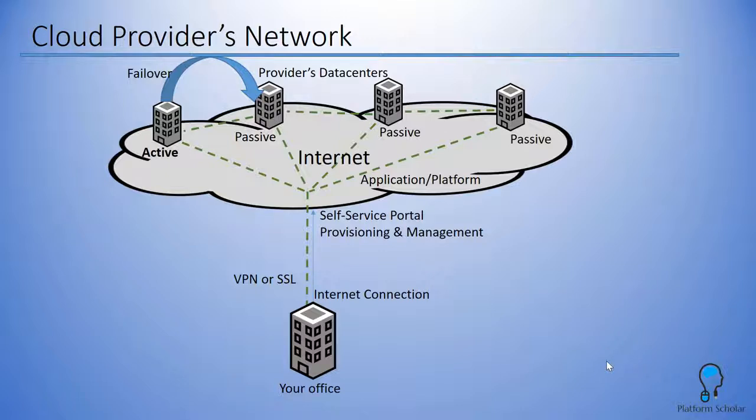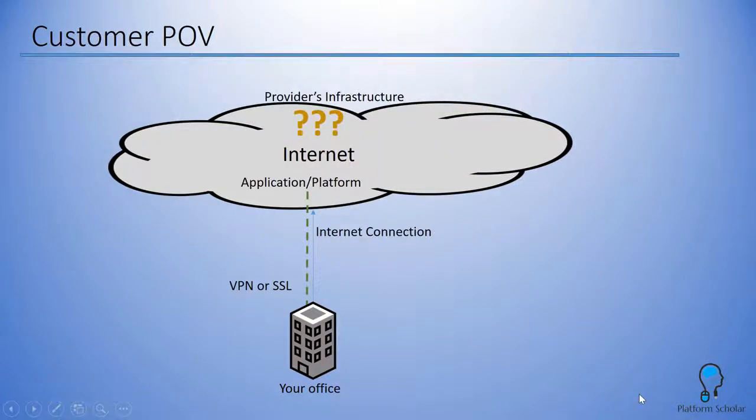Since the customer is not managing the facilities or the hardware individually and only purchasing the services that are being delivered on top of them, there is no need for the customer to understand the service provider's network or its failover topology. Now, often providers will share this information about their backend infrastructure with customers as a point of pride or for increased transparency to make a sale, but it is not a necessary part of the transaction.